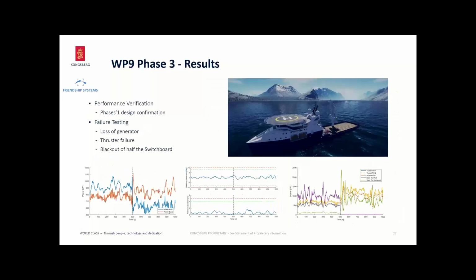And in phase 3, we take the design from phase 1 and 2, and we verify it in a DP simulator, where we test the loss of generators, the thrust failure, or the blackout of a whole switchboard. And we verify if this design is over-dimensioned or under-dimensioned, if it's able to keep position or not. And this is all in a real-time simulator.